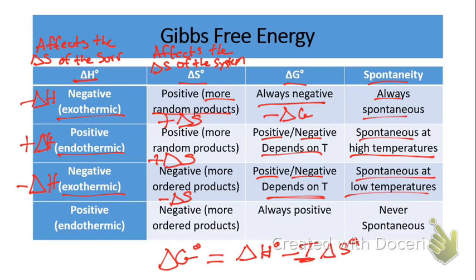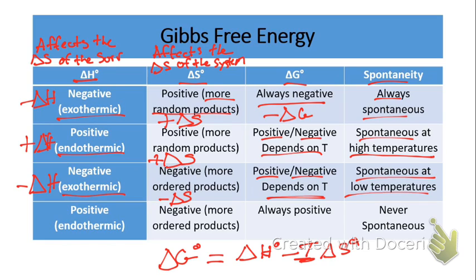All right? And why is this the case? So recall that when the surrounding environment has a low temperature, the amount of heat energy is really low. So therefore, there's not a lot of randomness or disorder of the energy in the surrounding environment.